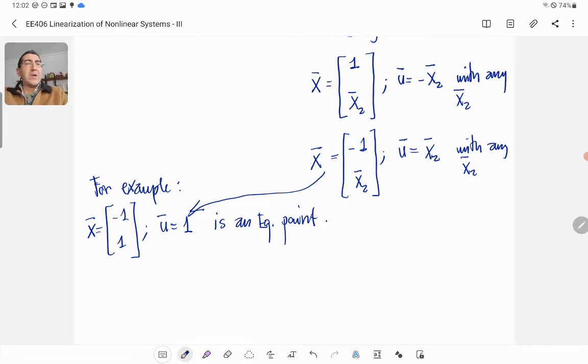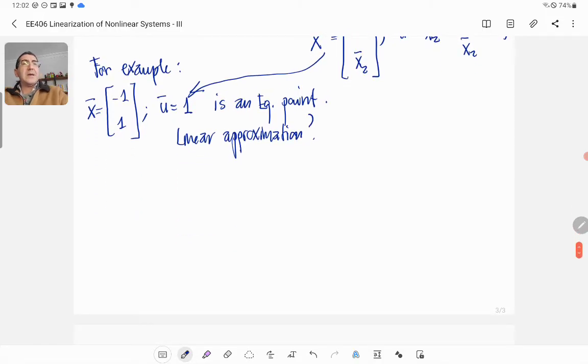Now what I want to do is, what is the linear approximation of the system? How can I find the linear approximation to the nonlinear system around this chosen point? So let's do that. We have z dot equal to the Jacobian matrix.